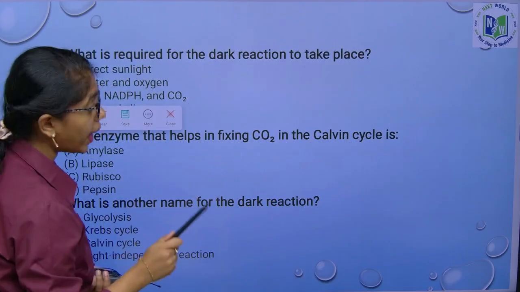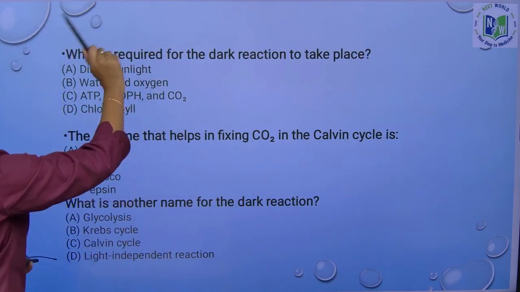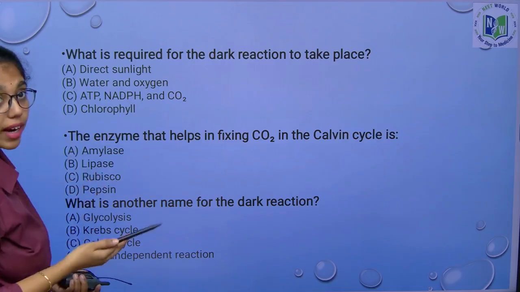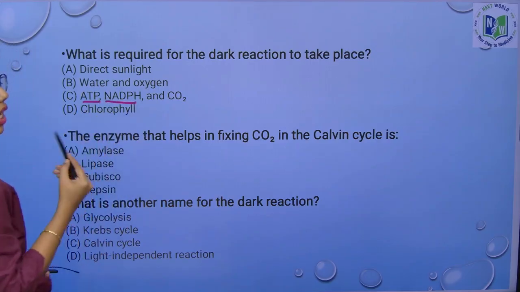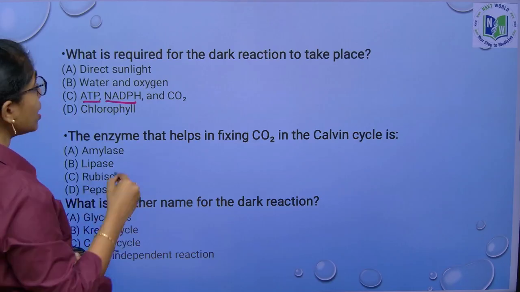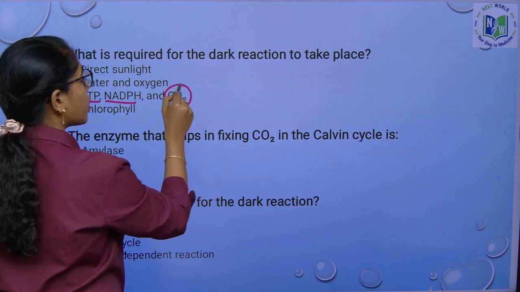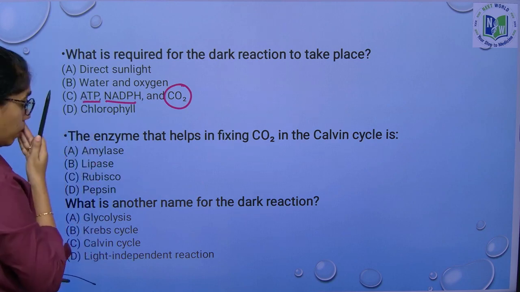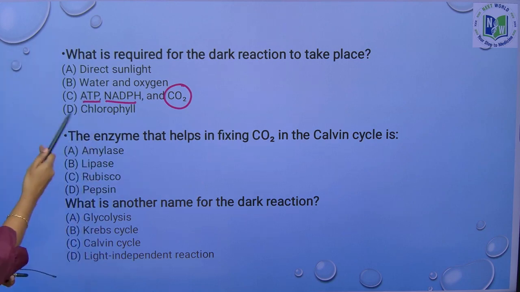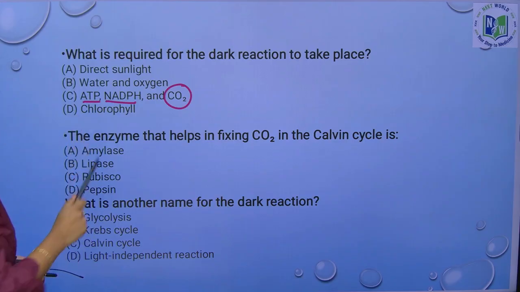What is required for dark reaction to take place, ma? ATP and NADPH, which are formed at the end of light reaction, and carbon dioxide is required for fixation. So we need assimilatory power, ATP and NADPH, and carbon dioxide.